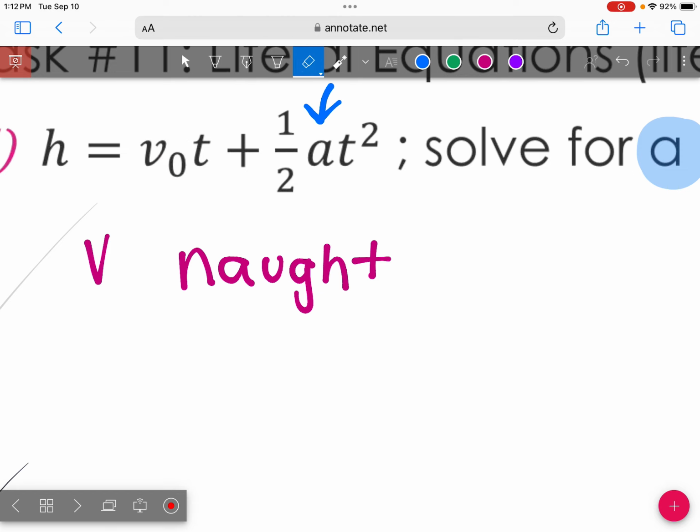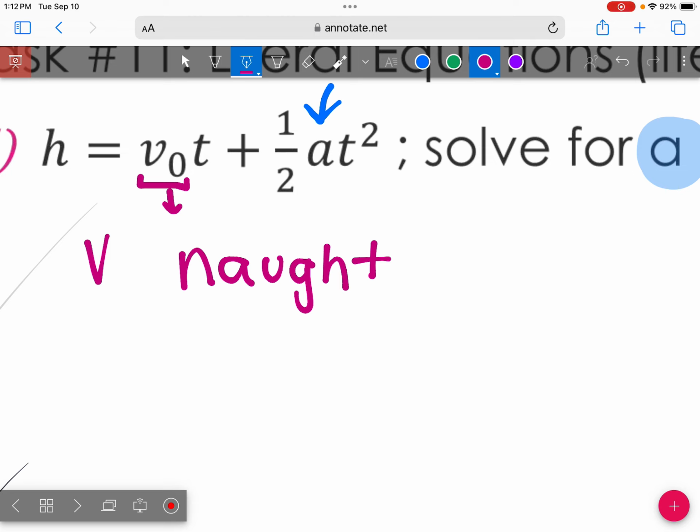I'm going to get rid of that pink bubble right there. I'm just putting this as the label here. I want to get the A by itself, and I don't feel like dividing right here first because we have a whole lot going on. So let's get rid of some of this stuff.